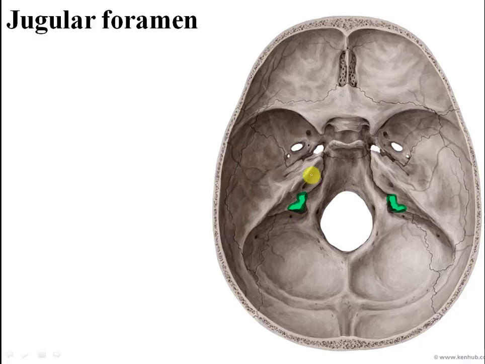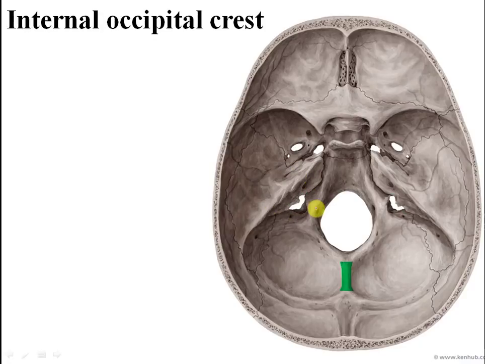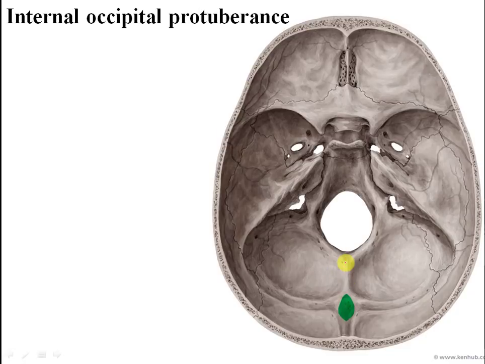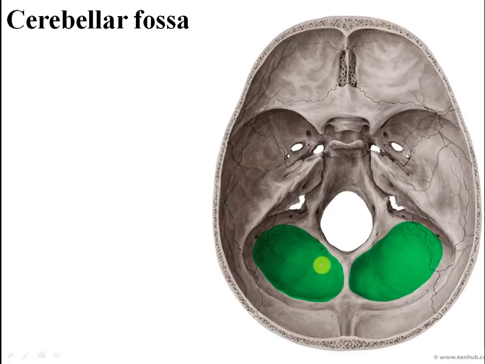This large foramen in between the petrous bone and the occipital bone is the jugular foramen, and here is the internal occipital crest with internal occipital protuberance. These two depressions are for the two cerebellar hemispheres, the right cerebellar fossa and the left cerebellar fossa.